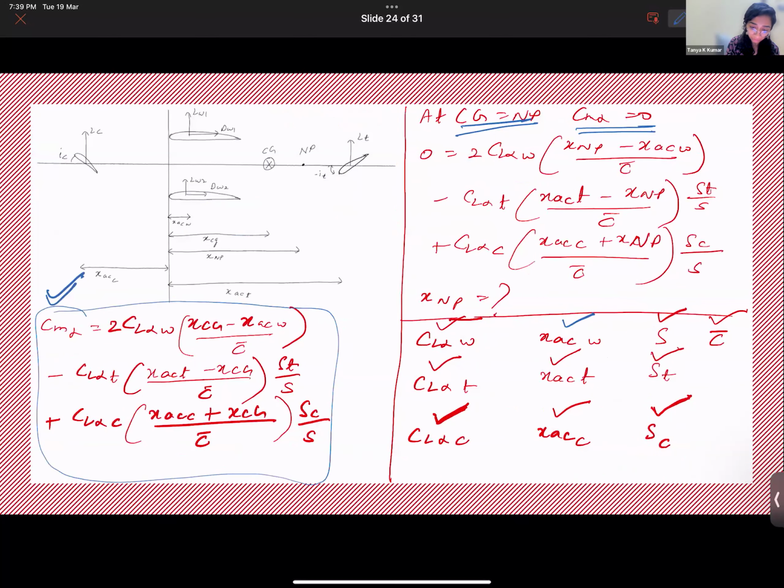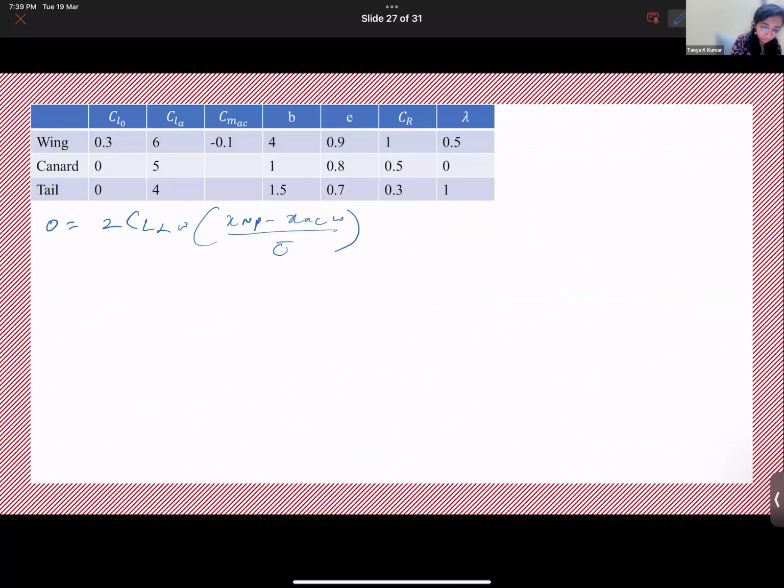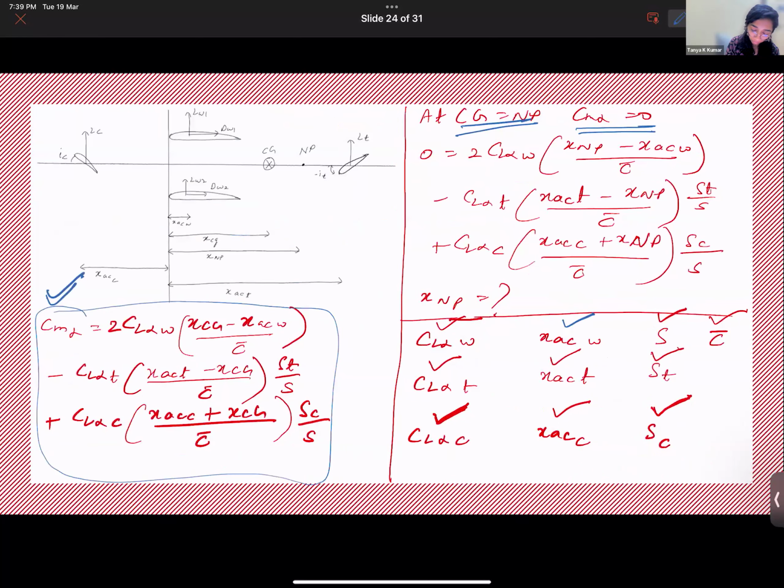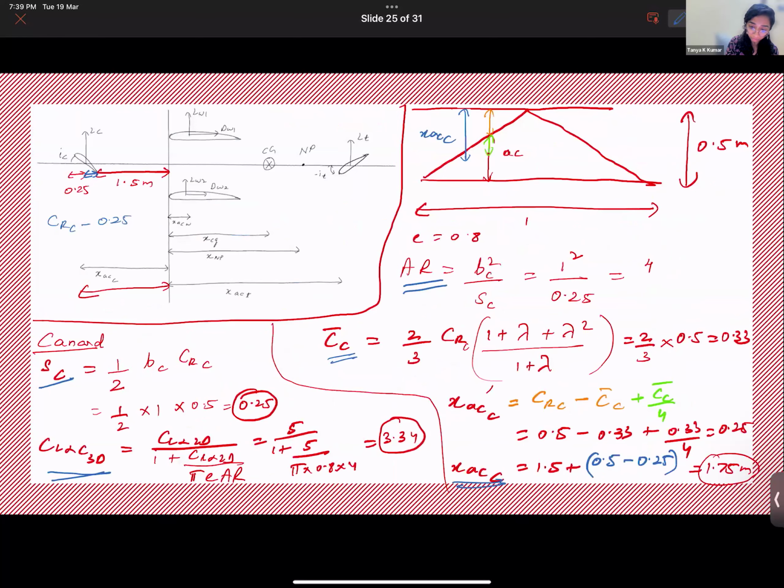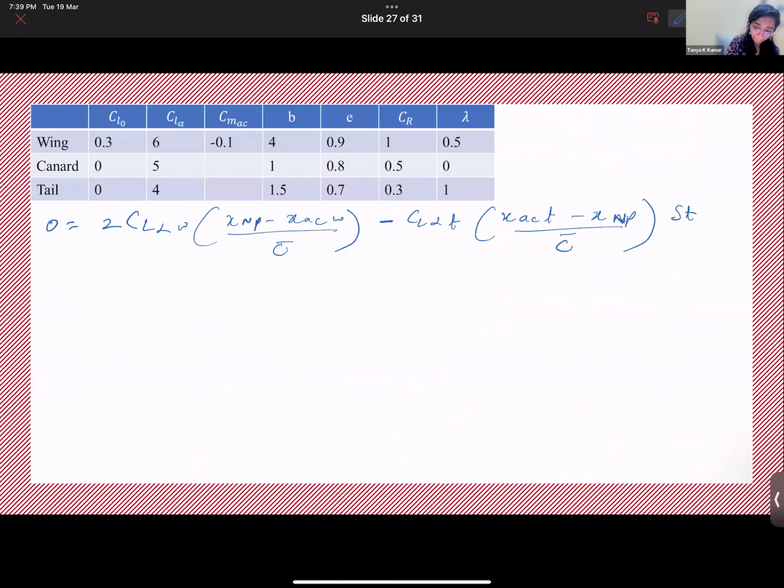Minus CL alpha tail, XAC tail minus XNP by C bar, plus CL alpha canard. What was inside it? Okay, XAC canard plus XNP by C bar, S canard by S.